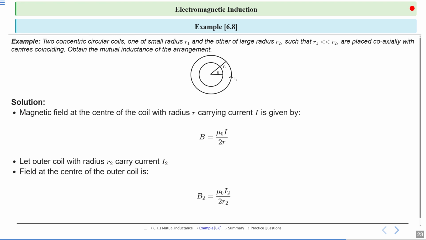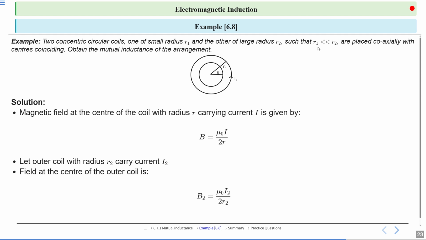The magnetic field at the center of a current carrying circular coil is uniform, but at any other place other than the center, the magnetic field inside this circular coil will not be uniform.